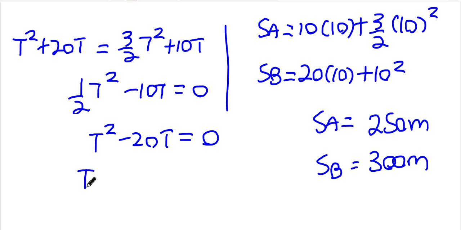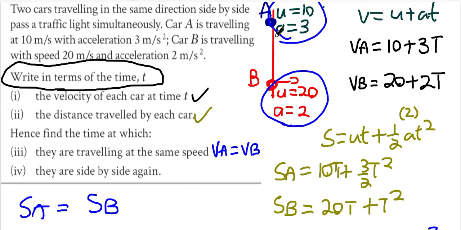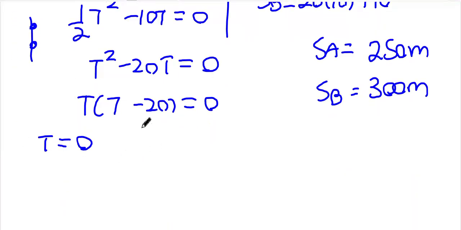Now, there's two answers. The first answer is t equals 0. Why is one of the answers t equals 0? What's the physical reason, though? At the beginning of the question, they both started off at the same point. So their distance was the same at that point. That's your t equals 0 explained. And then t equals 20, anybody? 20 seconds later, the overtake occurs.